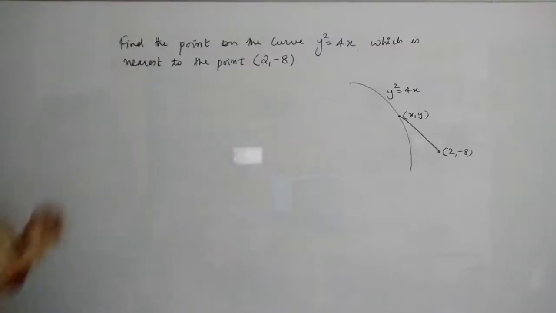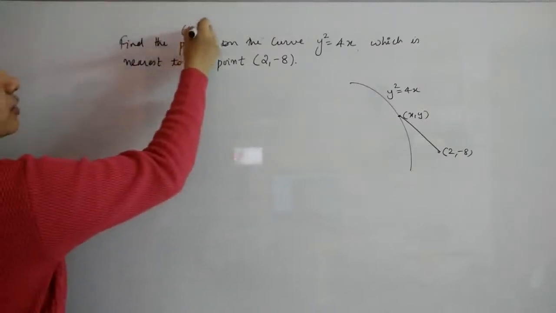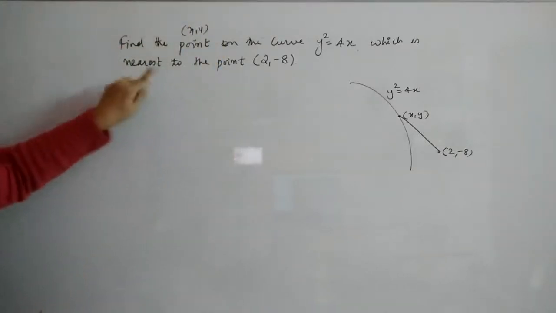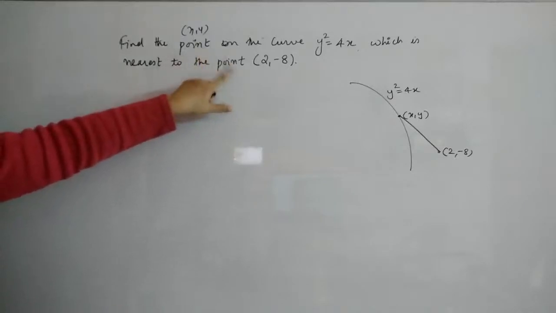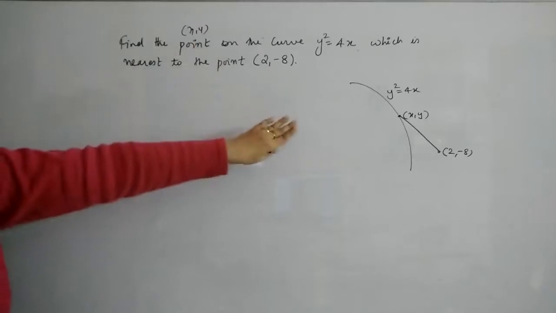Okay, understood the question? Find the point on the curve y square equal to 4x nearest to the given point. Let the point be x comma y, so that the nearest point will be that point where the distance is minimum. This figure will give you an idea.